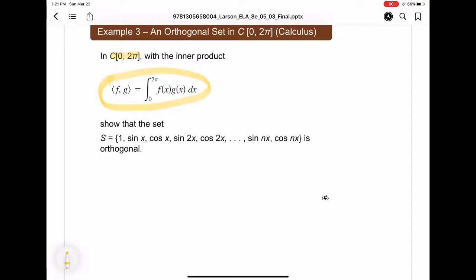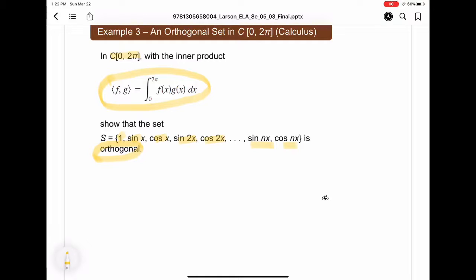Now we need to show that the set S: 1, sine x, cosine x, sine 2x, cosine 2x, and so on, sine nx and cosine nx, is orthogonal. I don't say anything about basis in here, right? But let's show that S is orthogonal.